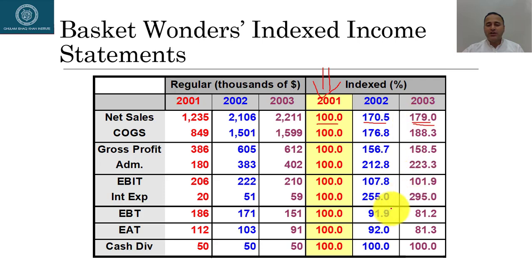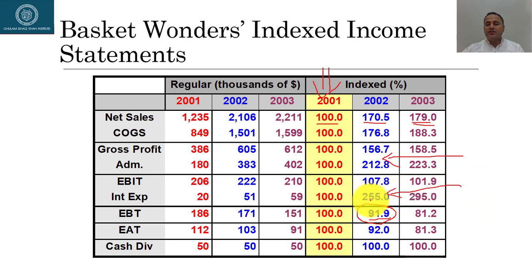For example, here in earning before taxes, if you see, earning before taxes reduced. And why did it reduce? Mainly because of increase in administrative expenses. And of course here, if you see, the interest expense also shot up.